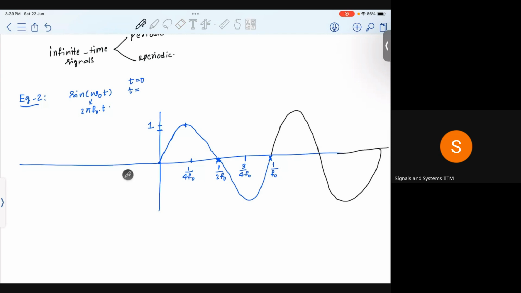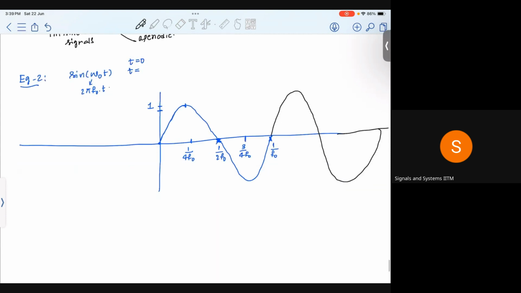So if you see the same signal keeps repeating, it implies the signal is periodic. Whatever you plotted within this range, the same signal keeps repeating even on the left and even on the right. If such a thing happens, then that signal is a periodic signal.